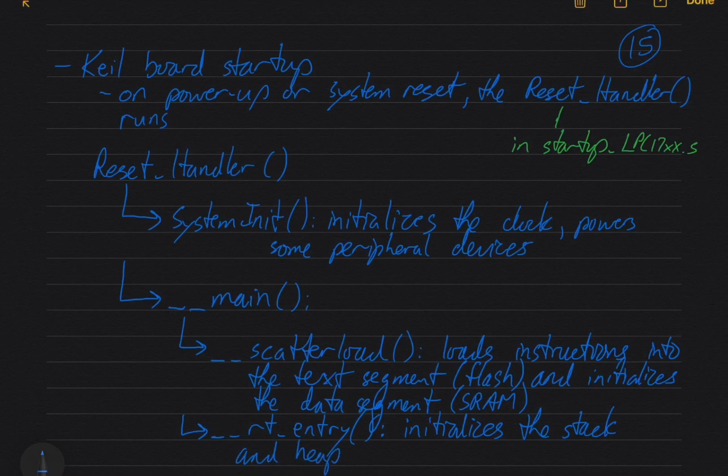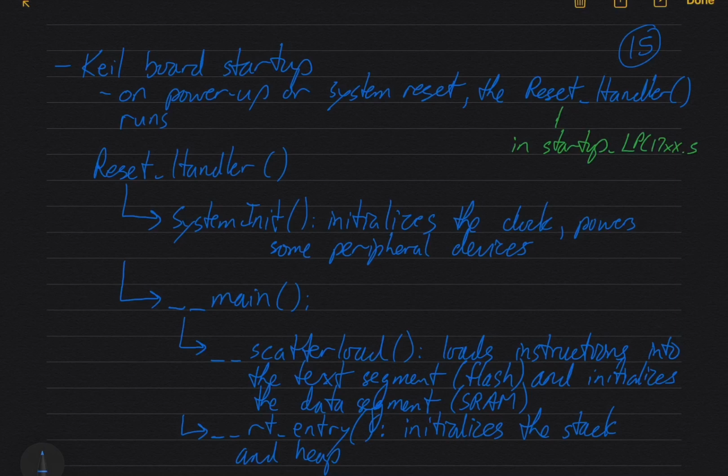So in the case of the stack, it's going to set the stack pointer register to point to the bottom of the stack, and usually, if you're running from the command line, it would put argc and argv, those command line arguments, onto the stack for you.